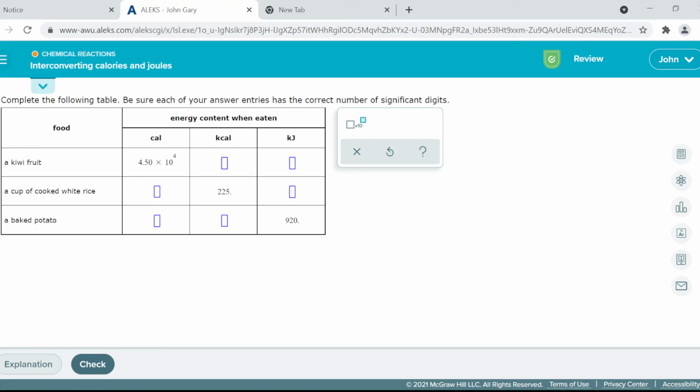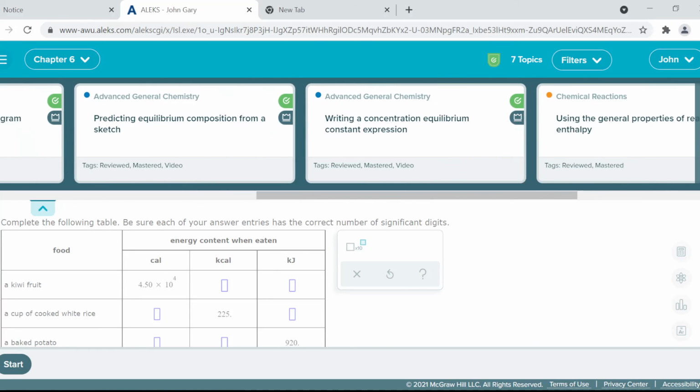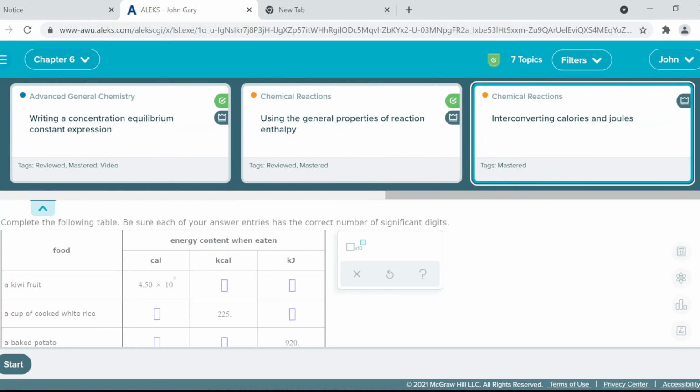Interconverting calories and joules. We've done unit conversions, so I'm not going to get hung up there. Matter of fact, I don't even want to do that one just yet. But that's the last one for this chapter. Okay, so this is just converting joules and calories.